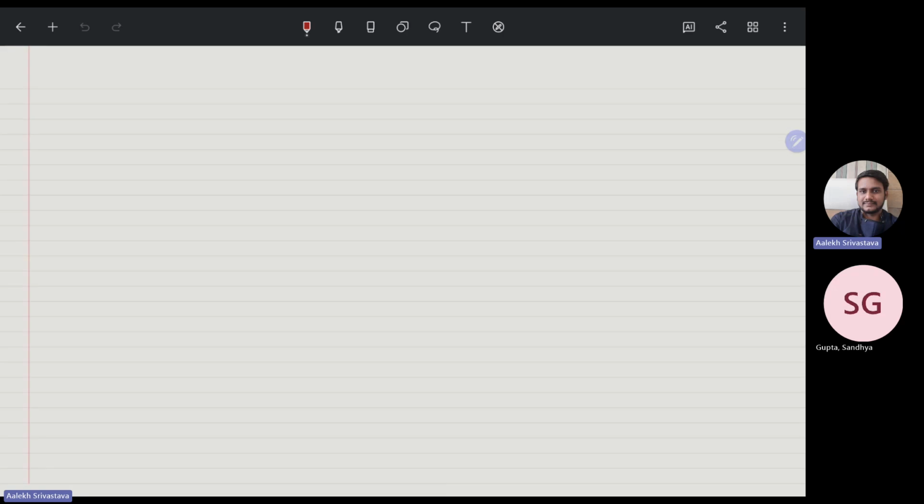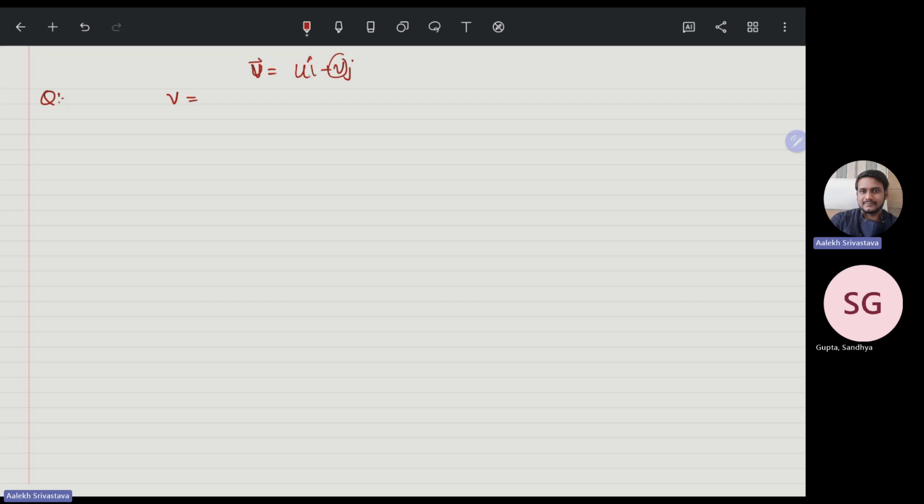Now the next question is: suppose you have a velocity given, so your total velocity vector has a u i cap plus v j cap.